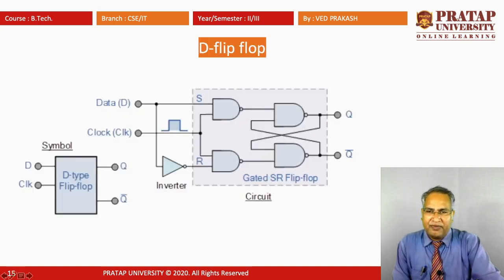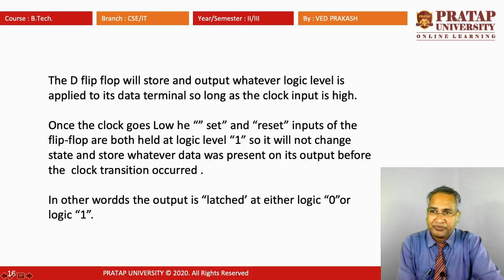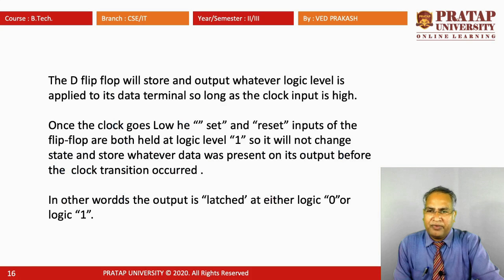Next flip-flop is the D flip-flop. It is also known as a delay flip-flop. In this flip-flop, we also use the RS flip-flops combined with a single clock. That is the block diagram of the D flip-flop. The D flip-flop will store at the output whatever logic level is applied to its data terminal so long as the clock input is high.